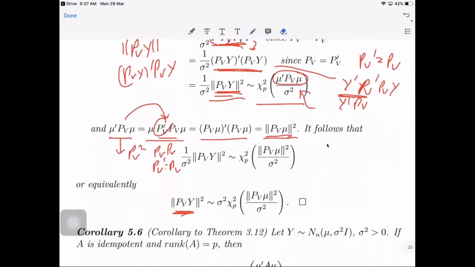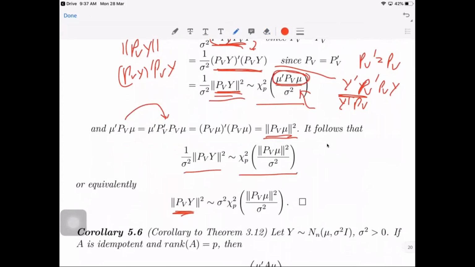So it follows that by substitution now, this one is substituted by the square norm of mu, or this constant can be placed adjacent to your chi-square. Then we are done.